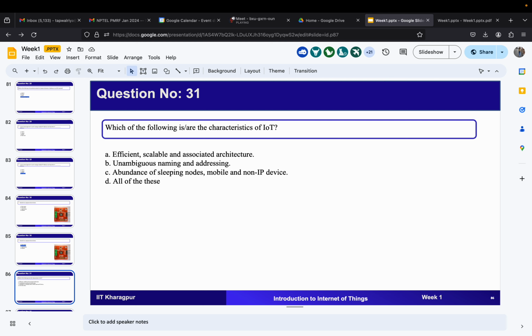Right, because in the previous question it was ambiguous, that's why that was incorrect. Here it is asked which are the characteristics, so unambiguous naming should be there. So the correct option for this is D. Someone was asking whether the same questions will come or not. Somewhat similar kind of questions. Basically this question is similar to the previous one. So you have to be attentive while you are answering the question.